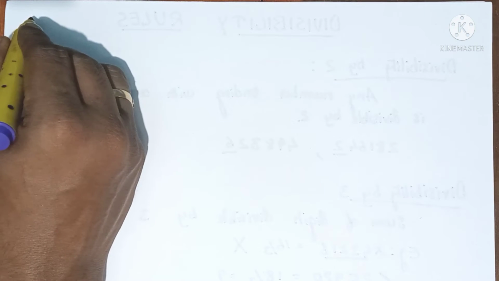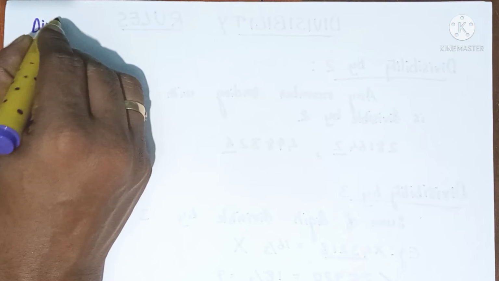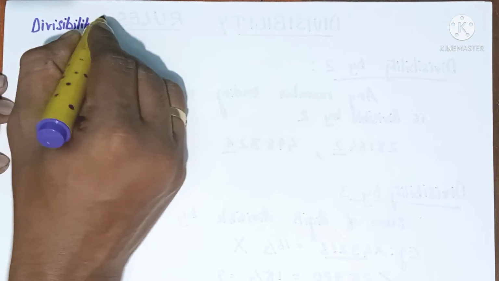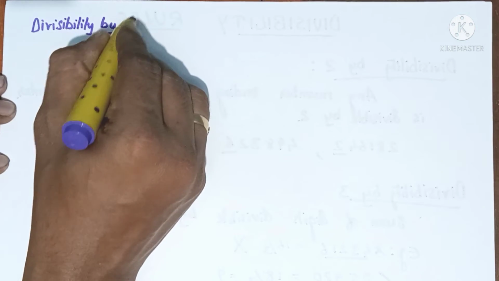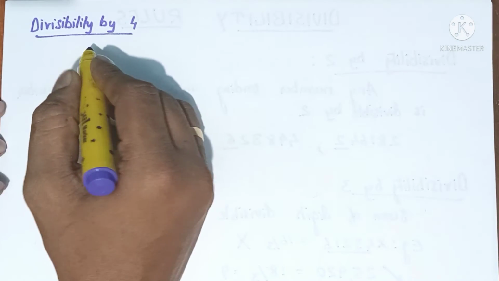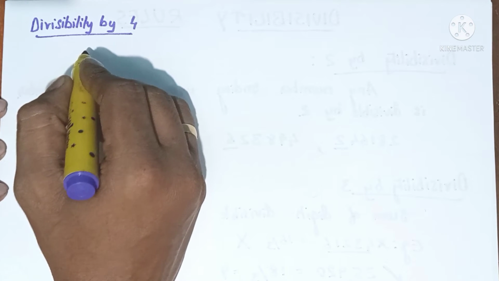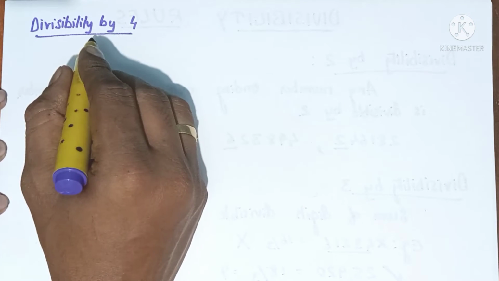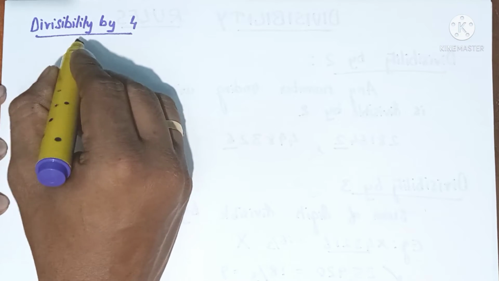Next is divisibility by 4. If the last two digits of a given number are divisible by 4, then that number is divisible by 4. That is the divisibility rule by 4. Okay.